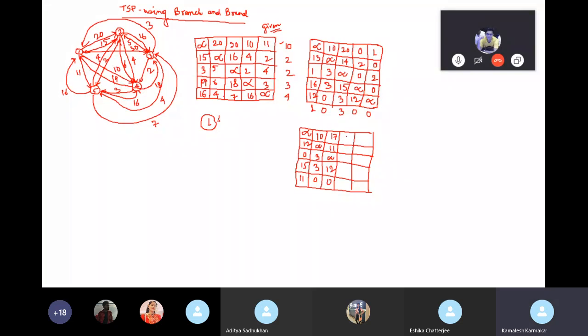Now it will be 0, 2, 0, infinity, 12. Here it will be 1, 0, 2, 0, and infinity. Okay, so after the first level of reduction, from this matrix, the final reduced matrix is this one. So this is the reduced cost matrix.